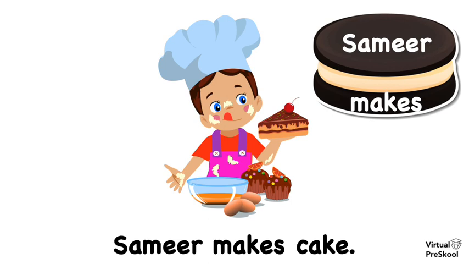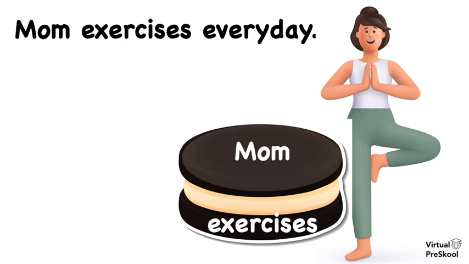Samir makes cake. We know that the top is Samir and that the bottom is makes. So what's left? Cake. So the middle cream is going to be what he makes. Cake. Mom exercises every day. We know that the top is mom. We know that the bottom is exercises.